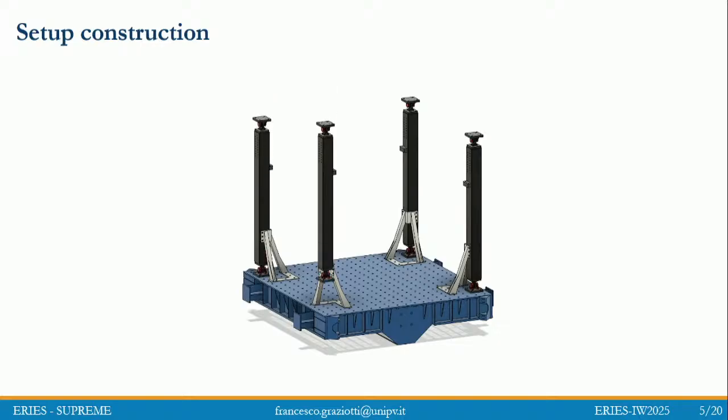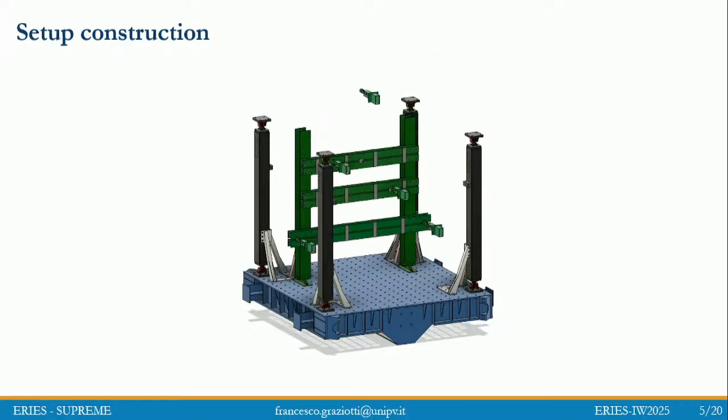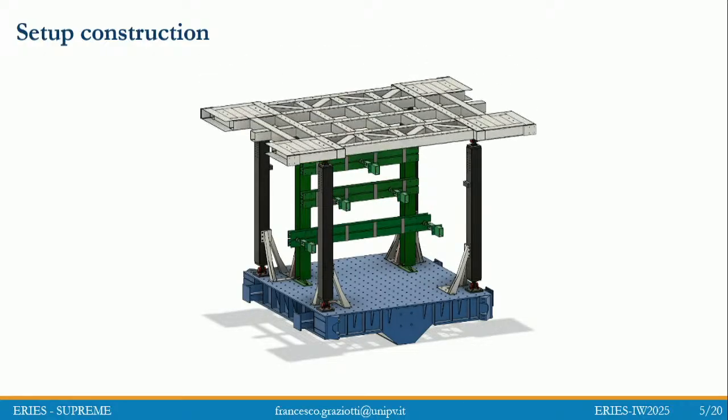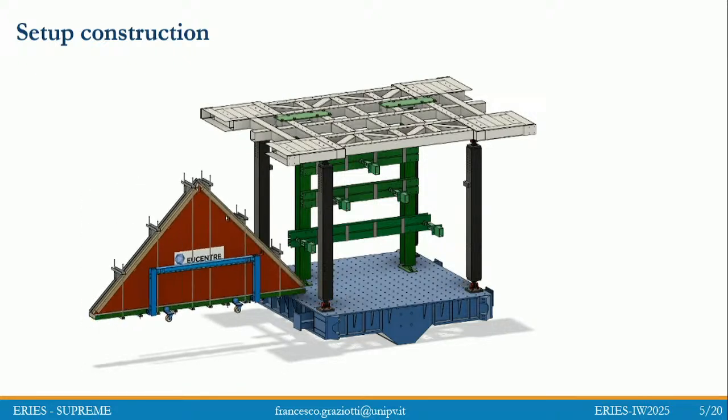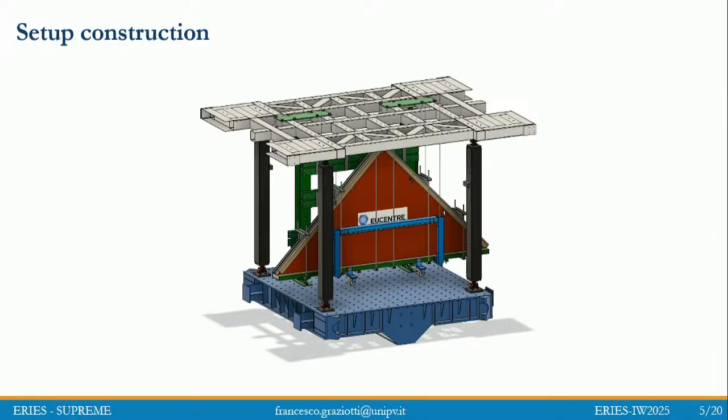The funny part of the project was to create and mount the setup. We used the 9D facility of the U Center. This facility consists of two shake tables, one on top of the other. The bottom one is a 6 degrees of freedom shake table.